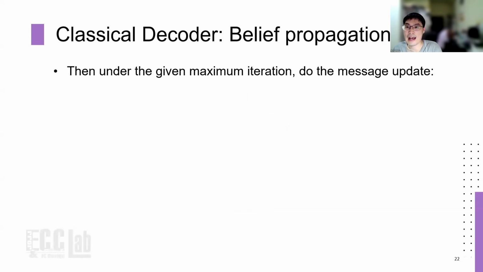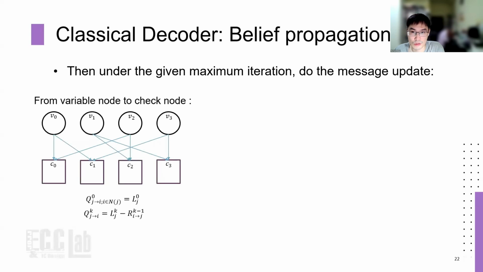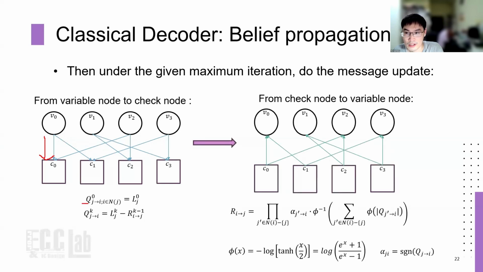After the initialization, iteration begins. Messages pass from the variable node to the neighboring check nodes, and we record the value as Q. Then the check node computes the message by this equation and passes it to the variable node.